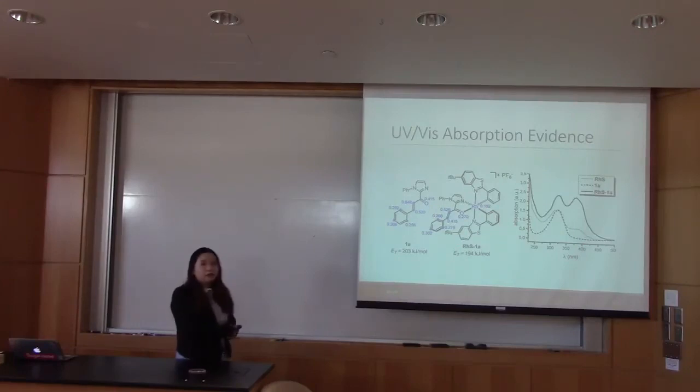This is the intermediate when the substrate and photocatalyst combine together under 400 nanometers. They reach very high absorption compared with the dashed line. The dashed line is only the substrate, and the green line is the photocatalyst. So that means when they combine together, they have the ability to absorb visible light and get the energy from the light to do the following reactions.